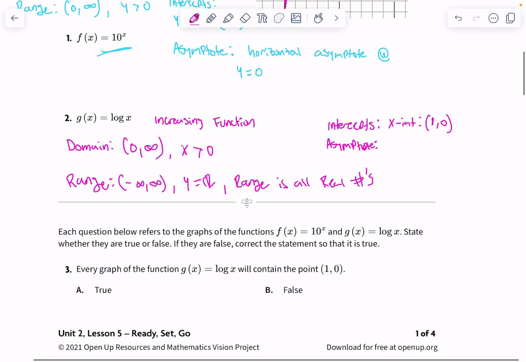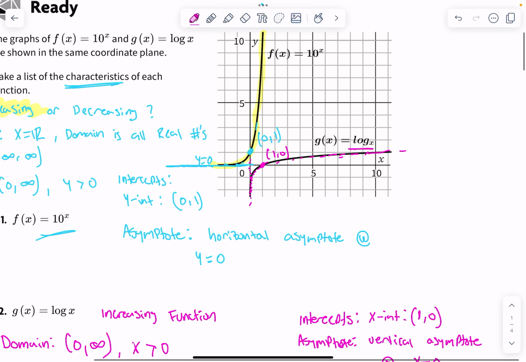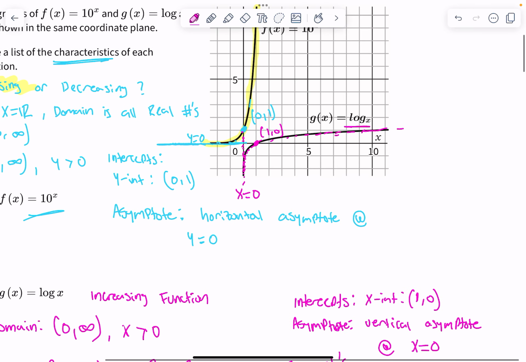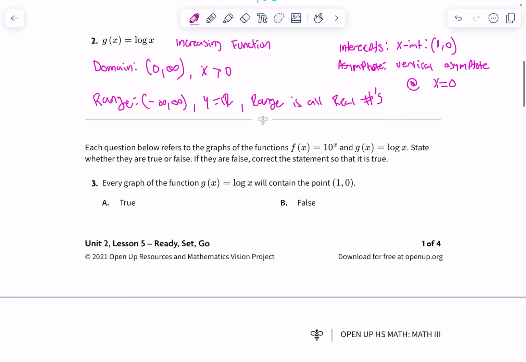So there's a vertical asymptote at x is equal to 0. It's important to know that vertical asymptotes have the equation x equals something. Horizontal asymptotes have the equation y equals something.